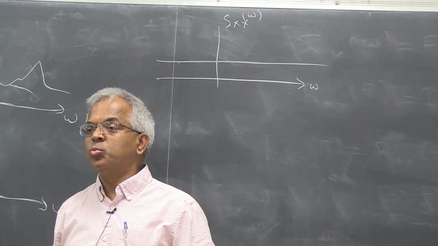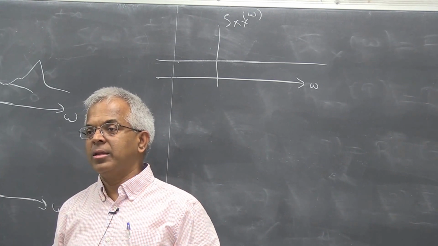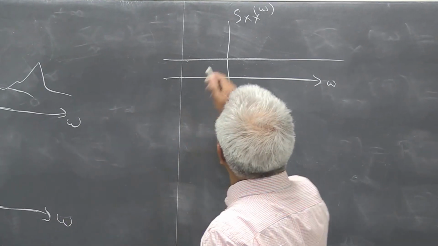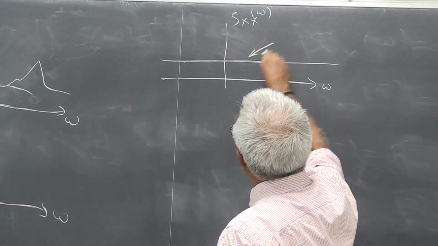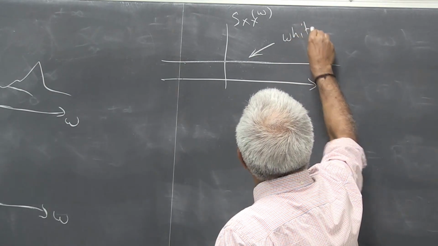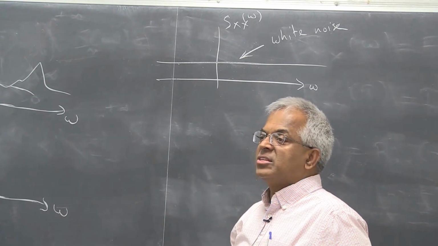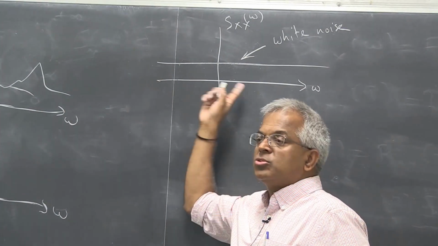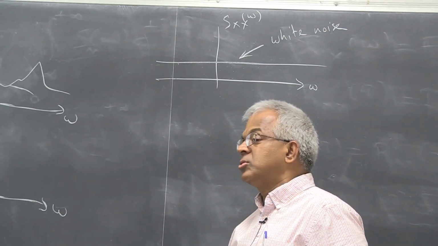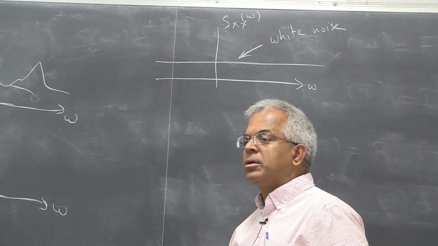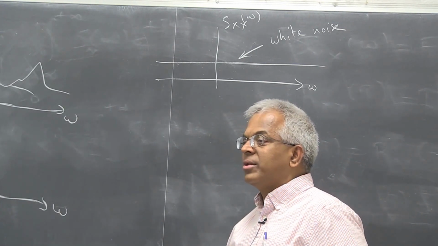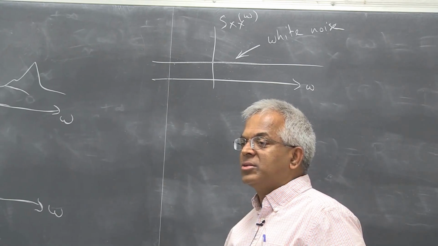So it's white light. We call this white noise. Like a delta function, this is an idealization because this is not realizable. What is the reason? What is the total power under this process? Anybody? It is infinity, so it's an idealization.